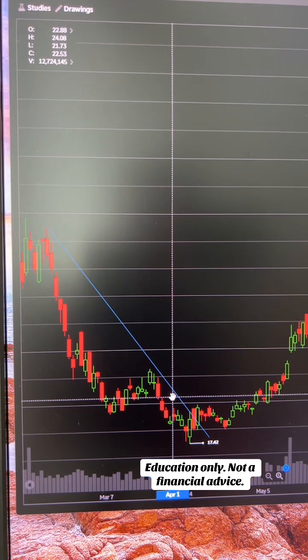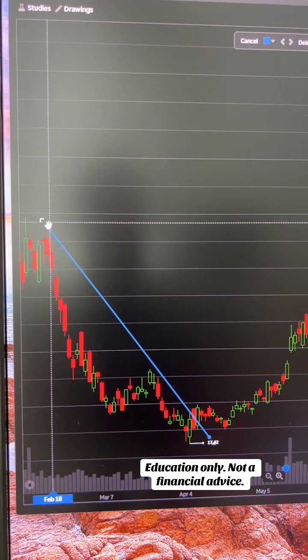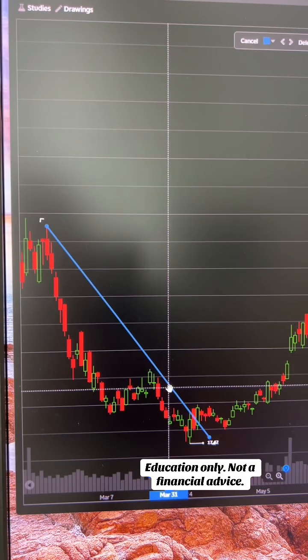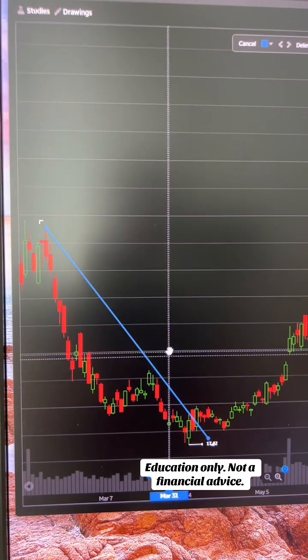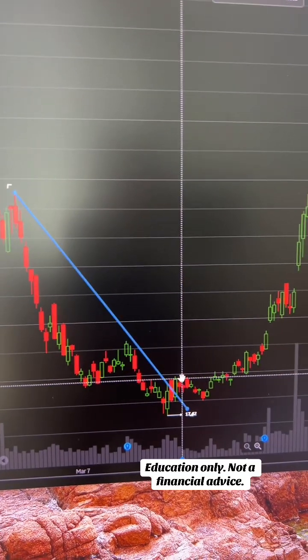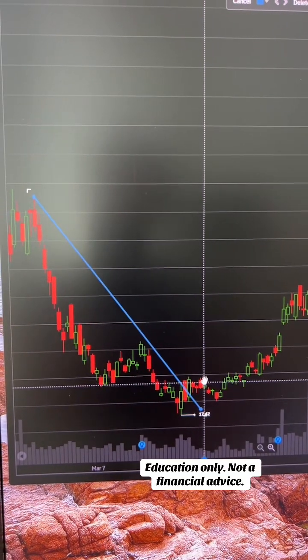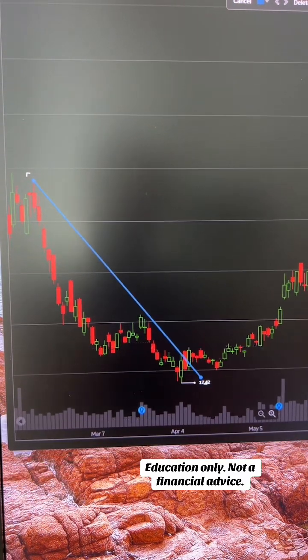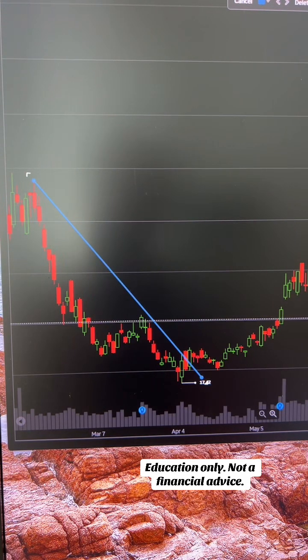And I drew this line because they were never able to breach this trend line and go above until they went to this point. And when they hit this point, I said, oh, okay. Technically, RSI was relatively low. I think it was in the oversold area, which I don't show in this chart.